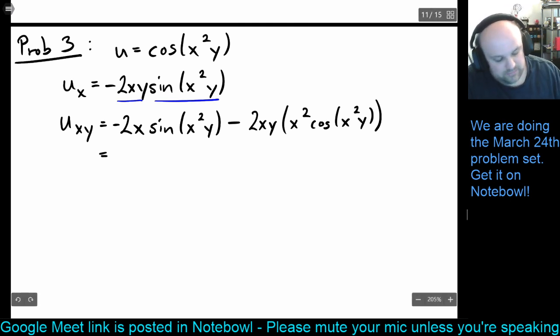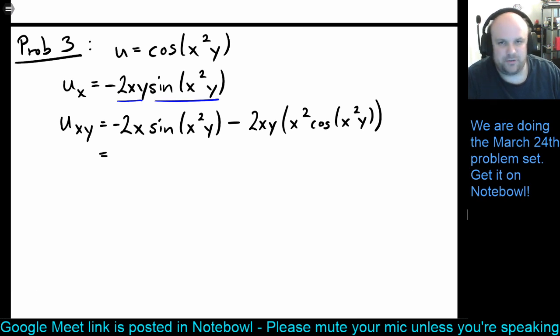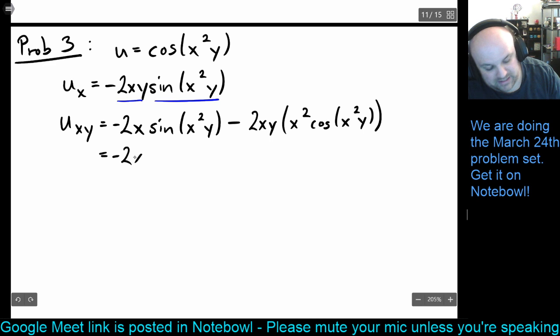Now, since we're trying to check that 2 things are equal here, let's at least multiply this out. You don't have to simplify it as much as possible, but let's at least multiply stuff out. It'll make it a lot easier to see. It's always a good idea.